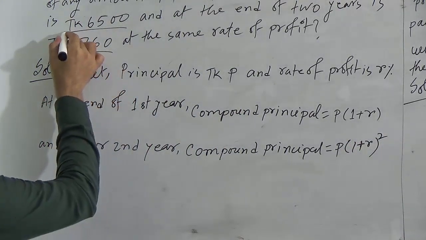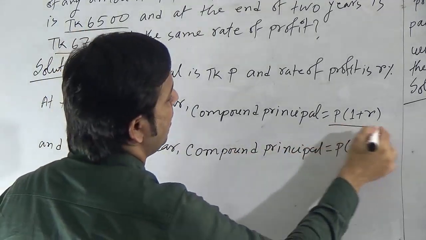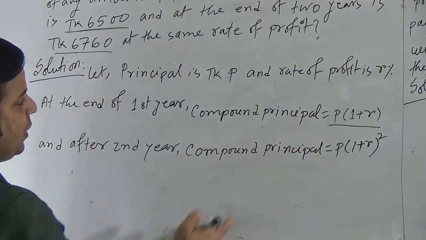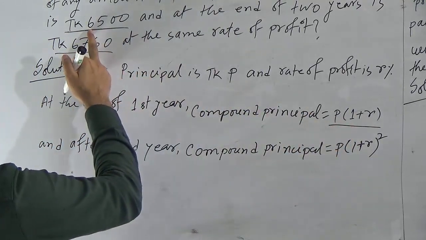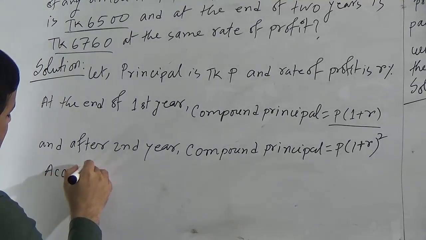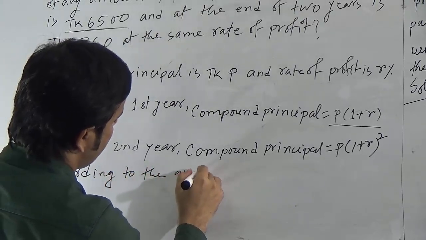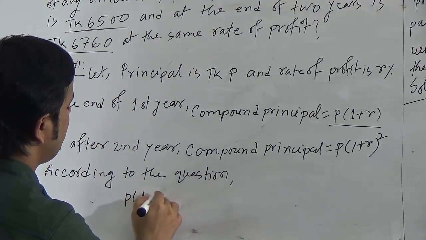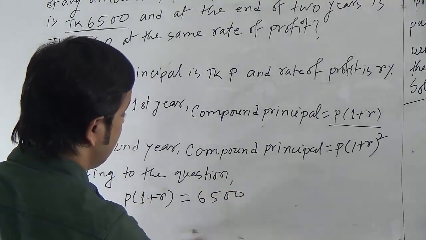Now what is given here? Compound principal after first year is 6,500 and here I have written the formula P into 1 plus R. It means that P into 1 plus R equals 6,500. So we can write according to the question, P into 1 plus R equal to 6,500.